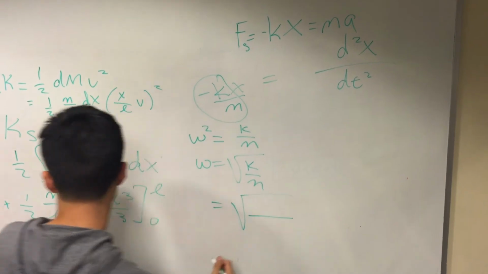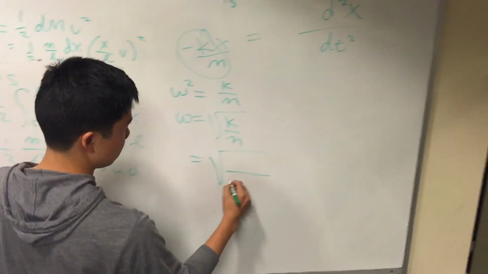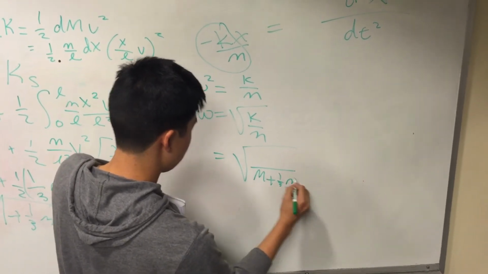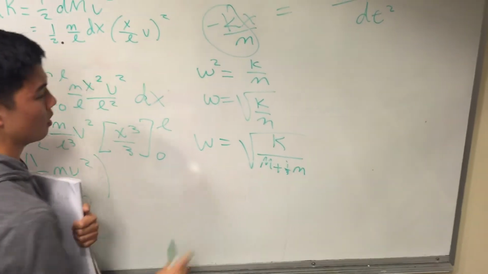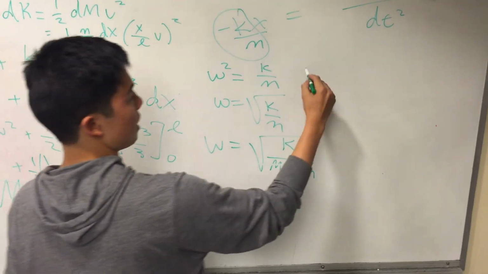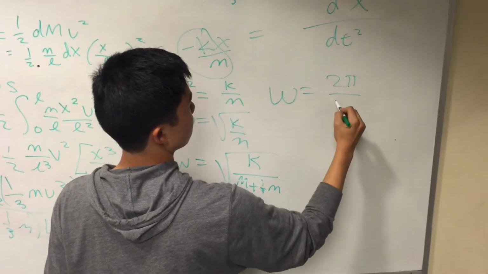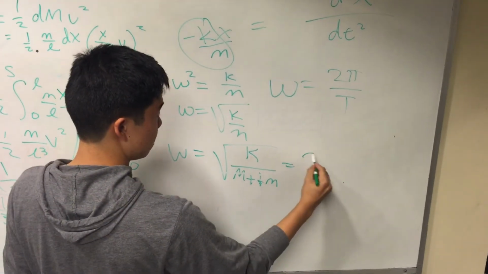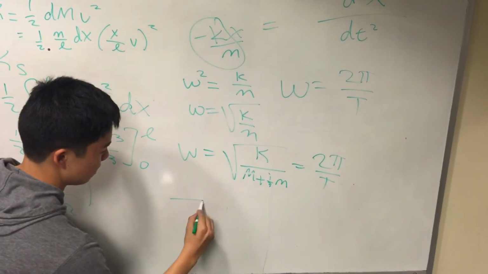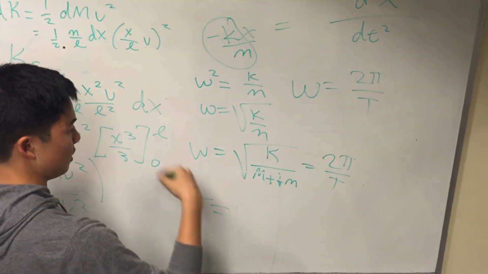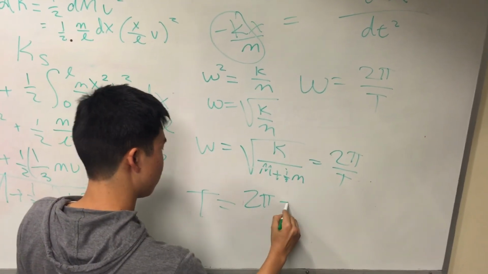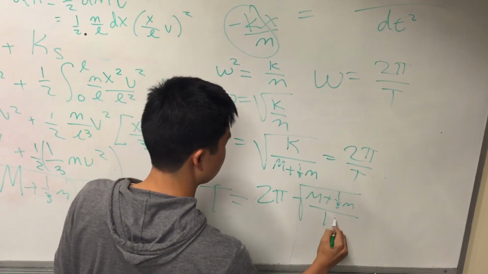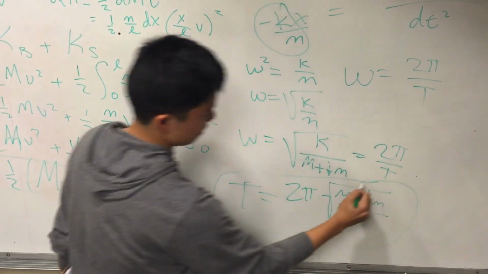So this is omega, right? And there's a formula, omega equals 2 pi over the period. So this is equal to 2 pi over the period. So then the period is equal to 2 pi times the square root of (M plus 1/3 m) over k. We just did some algebra to find that.